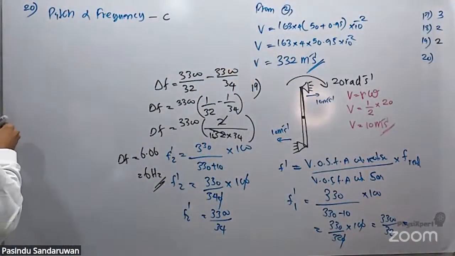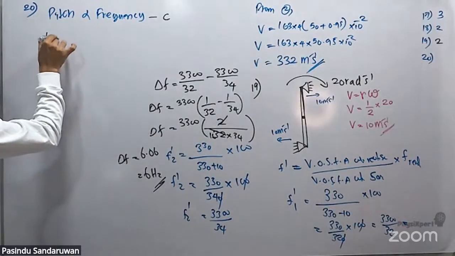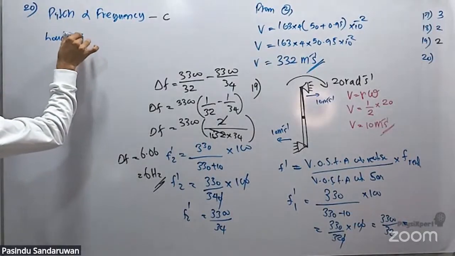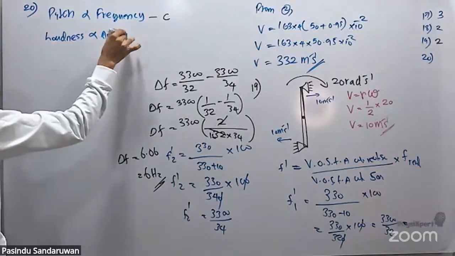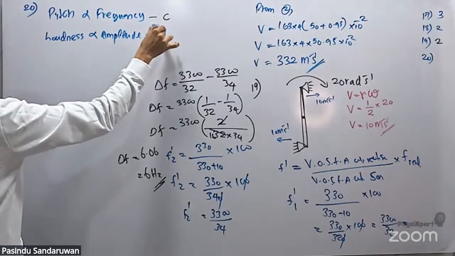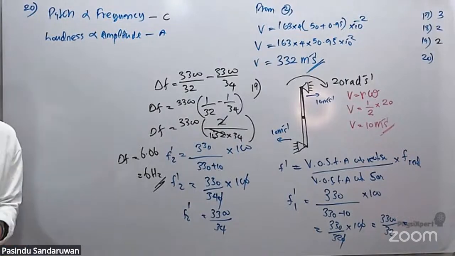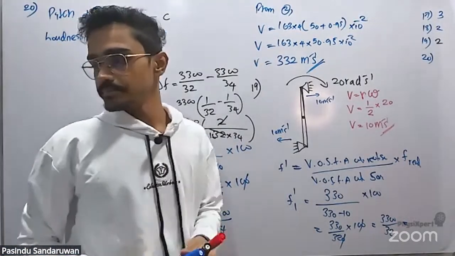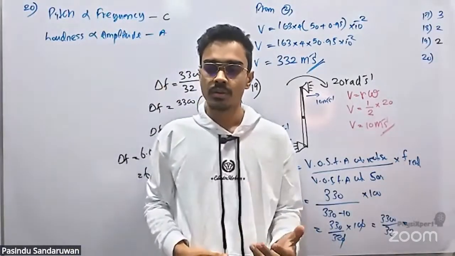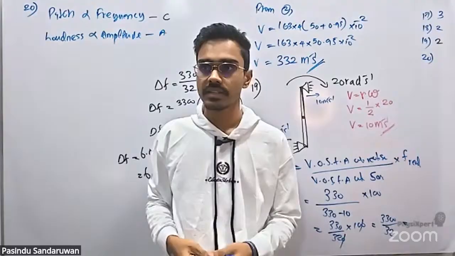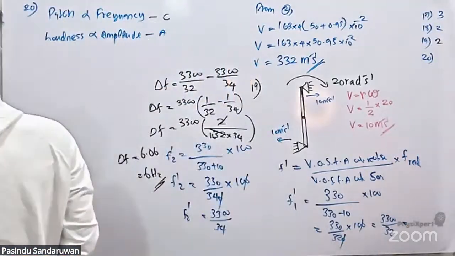Because loudness depends on amplitude. That is A. Two waves for studying the quality of sound. I told you, for quality of sound, it is the pattern or the overtone.